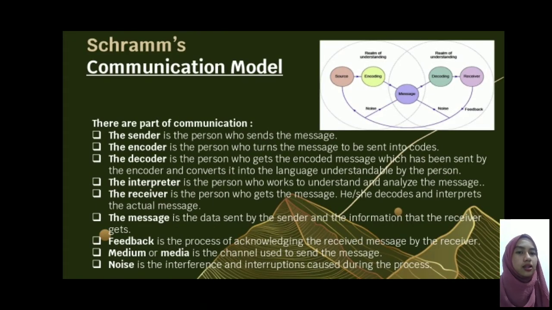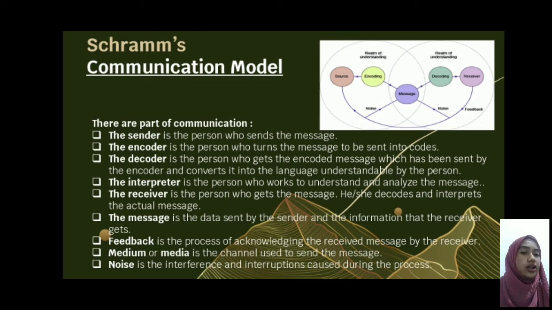And next, there are parts of communication according to the Schramm communication model. The first one is the sender. The sender is the person who sends the message. The encoder is the person who turns the message to be sent into codes.